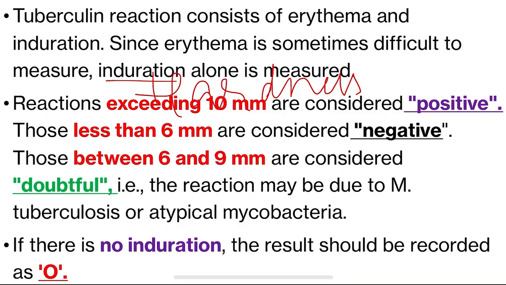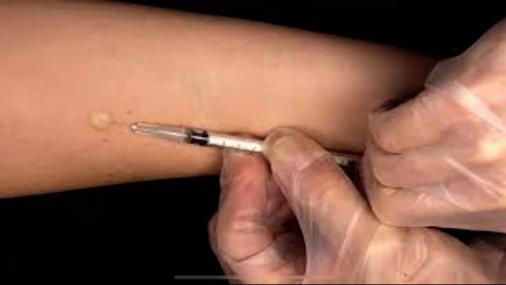Reactions exceeding 10 mm are considered to be positive. Reactions less than 6 mm are considered to be negative, and those between 6 and 9 mm are considered to be doubtful. The reaction may be due to Mycobacterium tuberculosis, or it could be a reaction to atypical mycobacteria. If there is no induration, the result is recorded as nil. So is it clear? What did we understand with this?